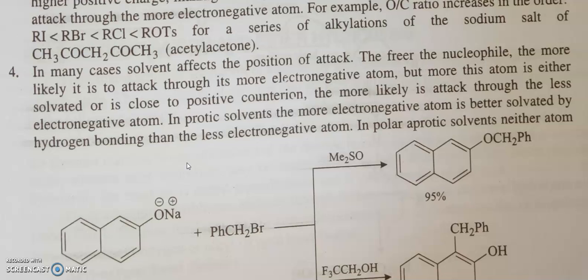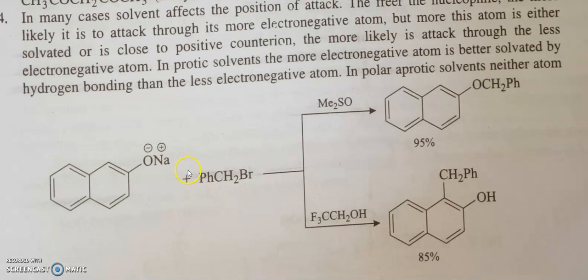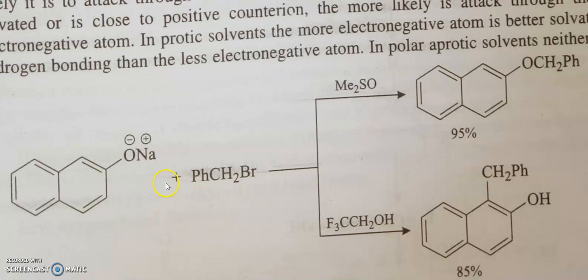In a protic solvent, the more electronegative atom is better solvated by hydrogen bonding than the less electronegative atom; in a polar aprotic solvent, neither atom is. So you can see in this example, here you have the sodium salt reacting with this. You have dimethyl sulfoxide and you have another solvent. So 95% O and 85% C under these conditions.